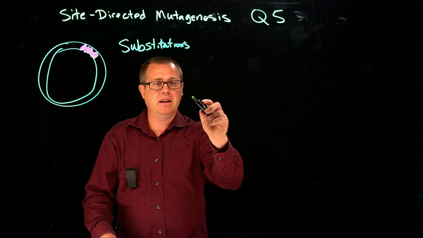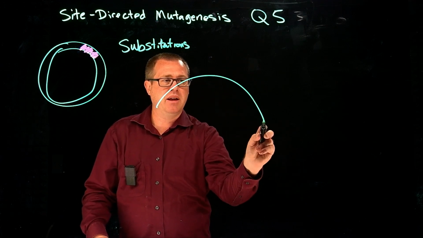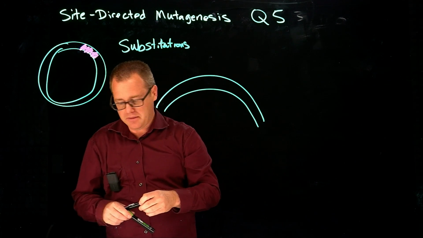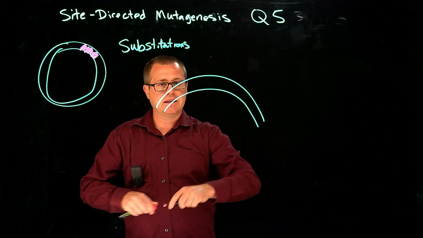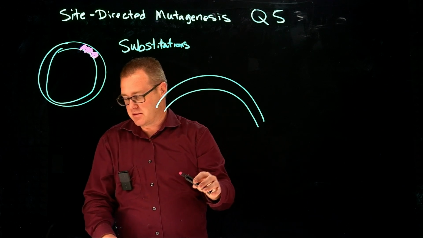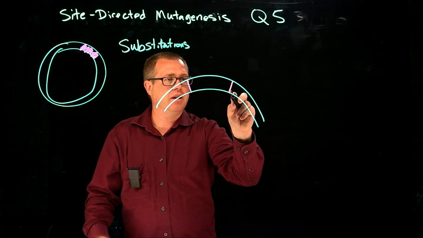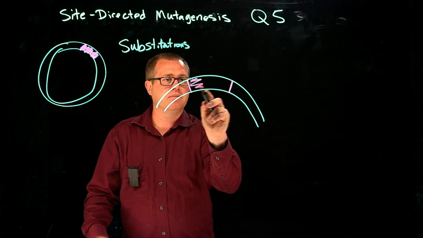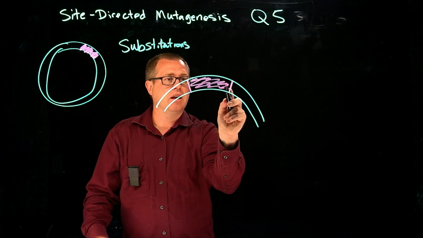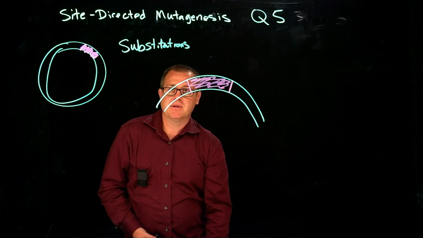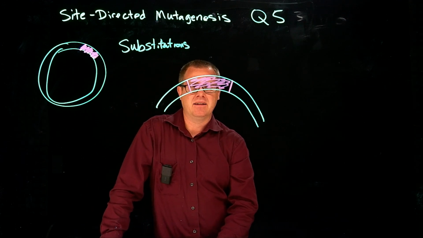What's happening is, let's just zoom in a little bit here into our plasmid. Okay. And let's say in our plasmid here, this is our gene of interest. Right here, there's our gene of interest. Okay. And we want to do a substitution, so that lysine to alanine thing.